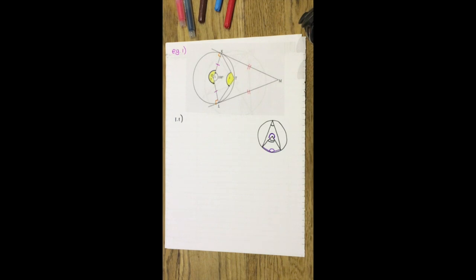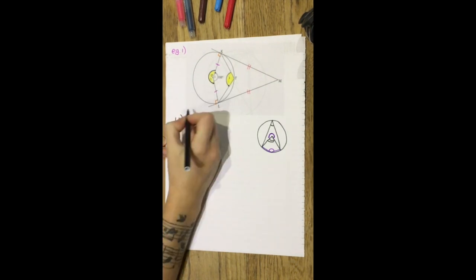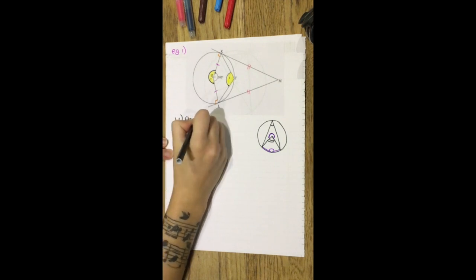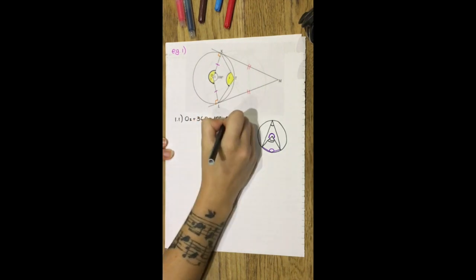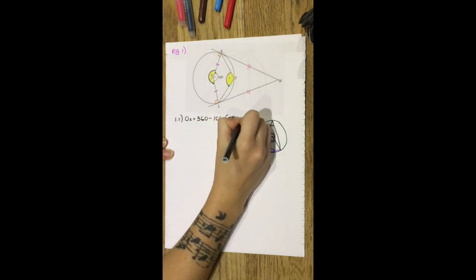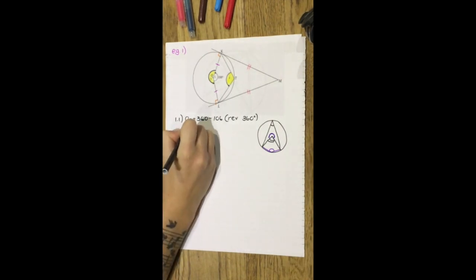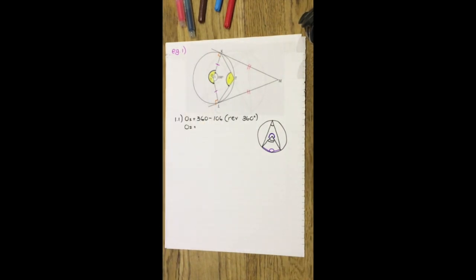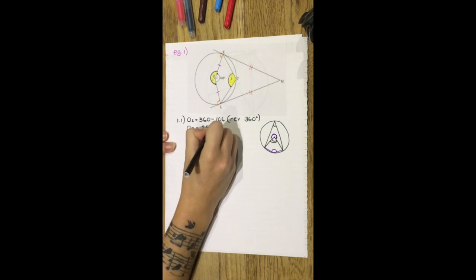Okay, so we know that O2 is 360 minus 106, and the reason is a revolution is 360 degrees. So O2 is 360 minus 106, which is 254 degrees.